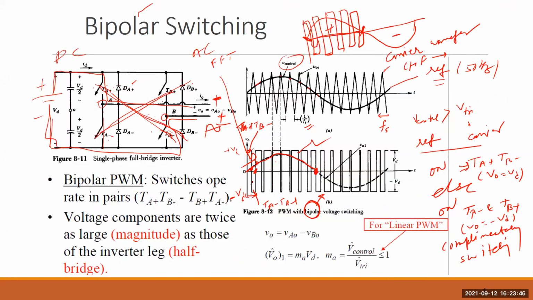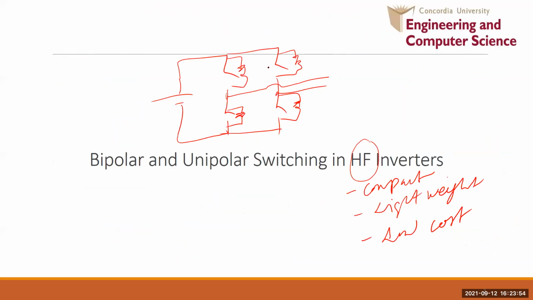So this is one way, and this is very simple to implement, because how to implement it is just a triangle waveform compared with a sine waveform, right? You just need these three. You need a reference waveform, and you need a triangle waveform, right? So whenever the reference is higher than the triangle, this is the comparator.